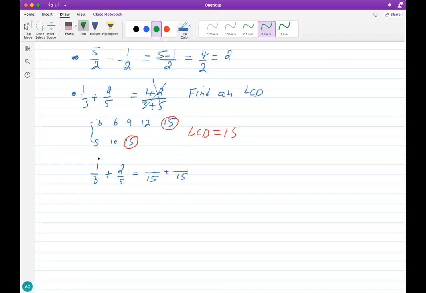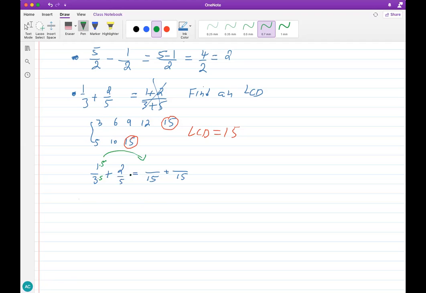Okay, so this fraction will turn into a new fraction. How do we turn 3 into a 15? Multiply by 5. That's right, times it by 5. And also here by 5. So this fraction will become a new fraction.